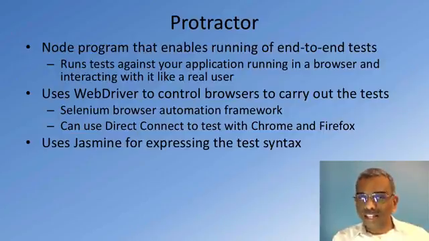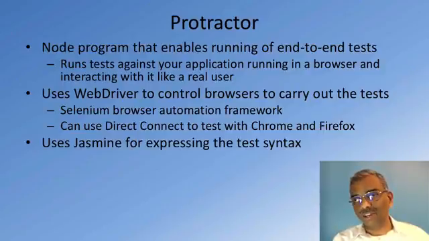So I specify the direct connect so that Protractor can directly interact with Chrome and Firefox browsers to carry out the tests. Now, the test syntax itself is expressed using Jasmine. We already know Jasmine from the unit tests and the exercises that we saw earlier. It is the same kind of syntax, so you will see me using describe and it and so on in specifying the tests that we're going to carry out.